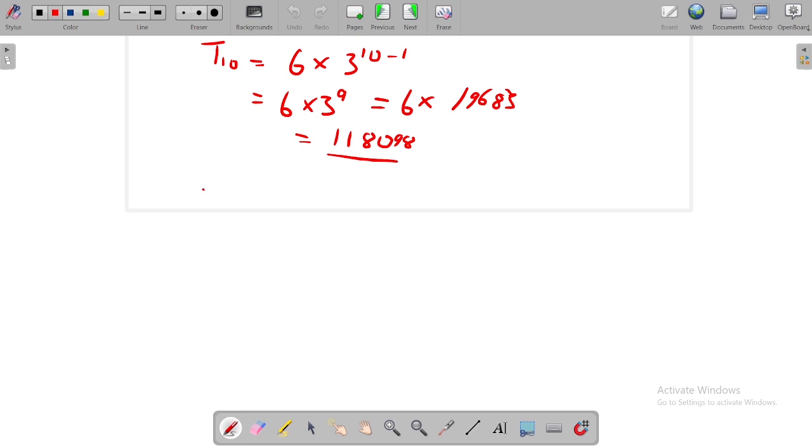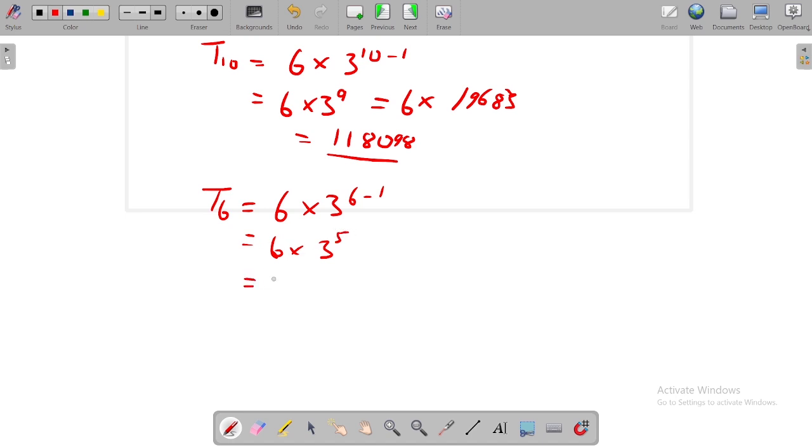Remember, they equally asked us for the 6th term, which means let's solve for the 6th term. It's still the same thing, 6 multiplied by common ratio 3. Now it's going to be 6 minus 1, which is equal to 6 multiplied by 3 to power 5.